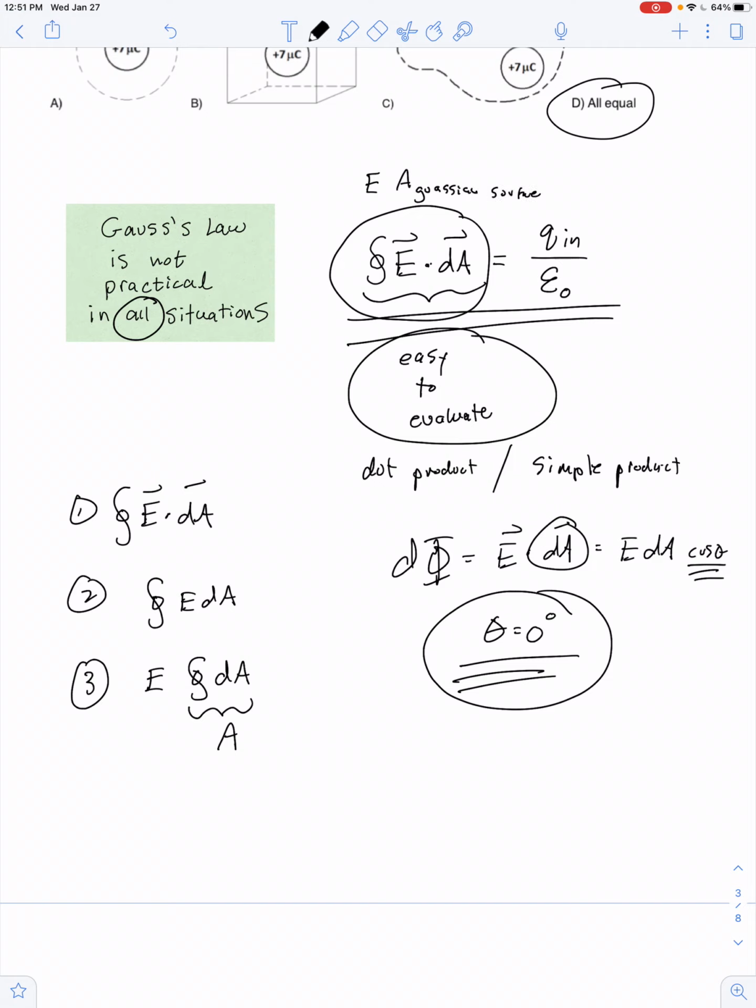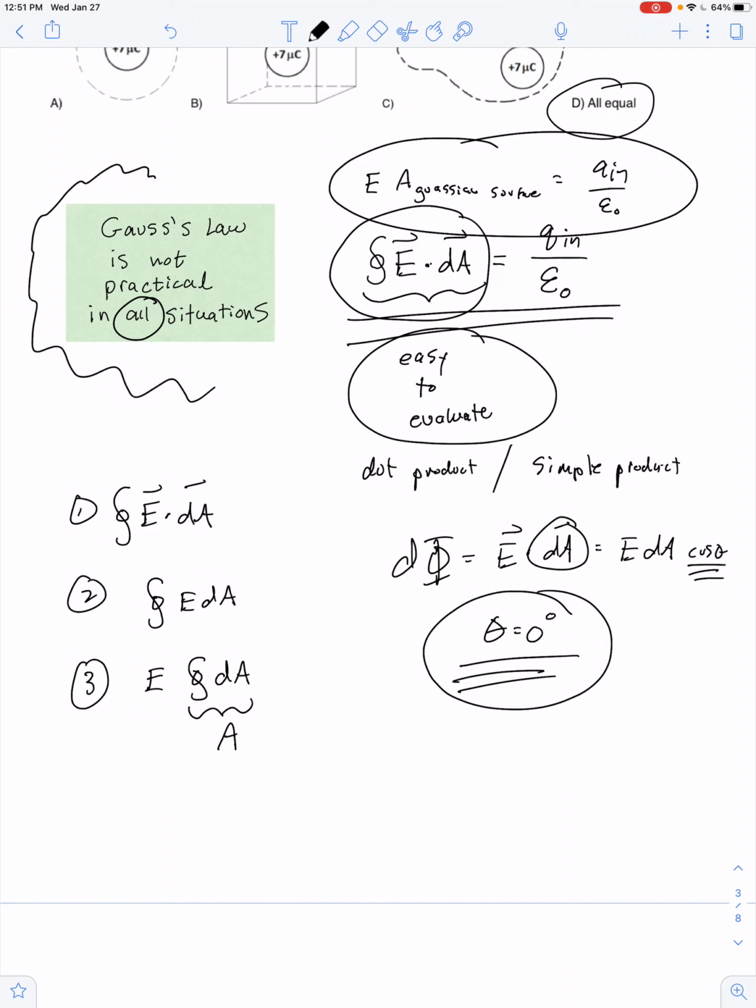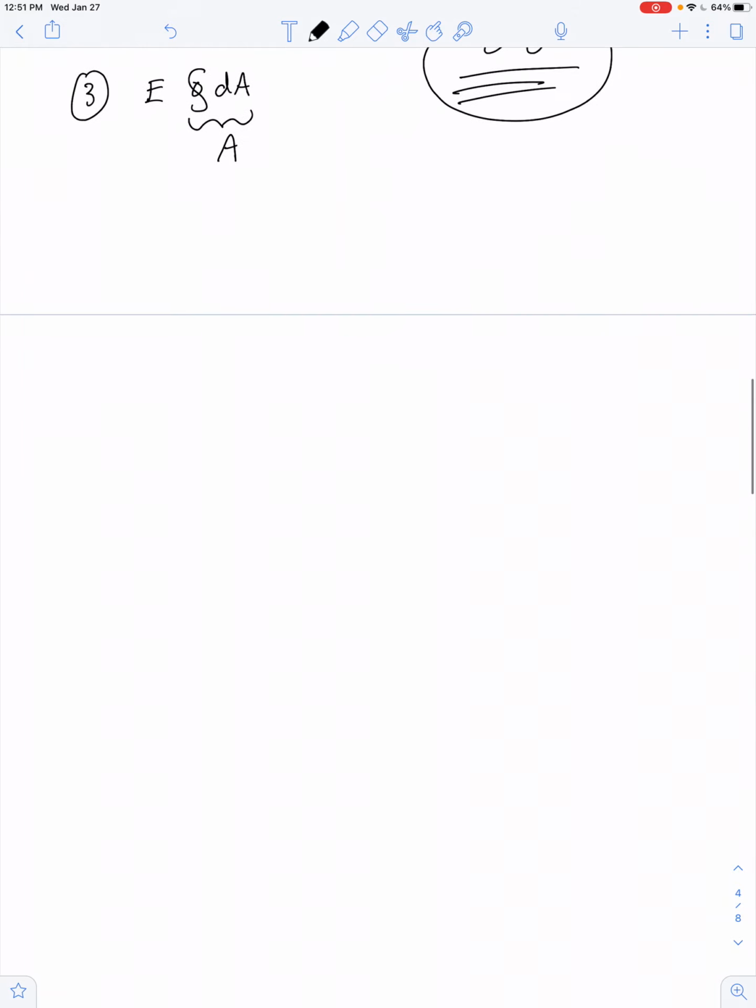The total surface area of our Gaussian surface is equal to Q in over epsilon naught. So we'll get there. I'll show you some examples of what I'm talking about. But for now, this is just a very important conceptual note to make about Gauss's law. So let's test this one.